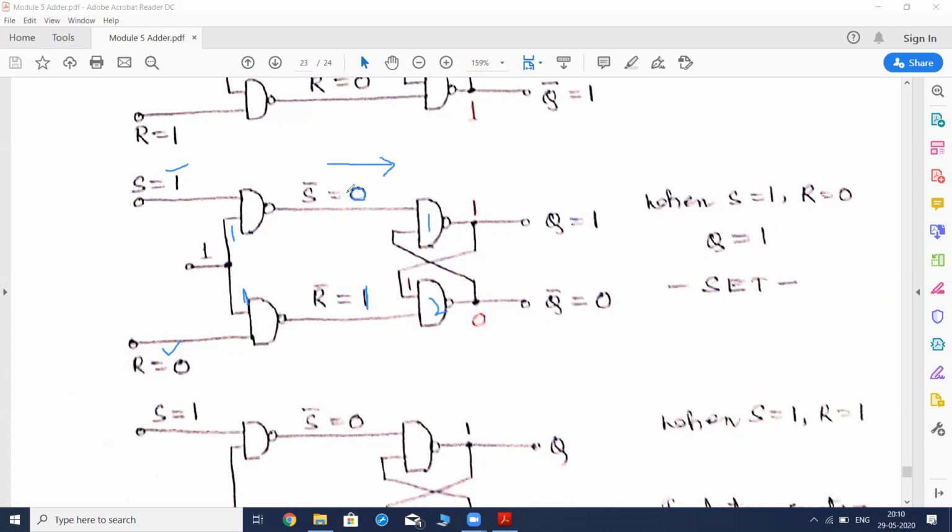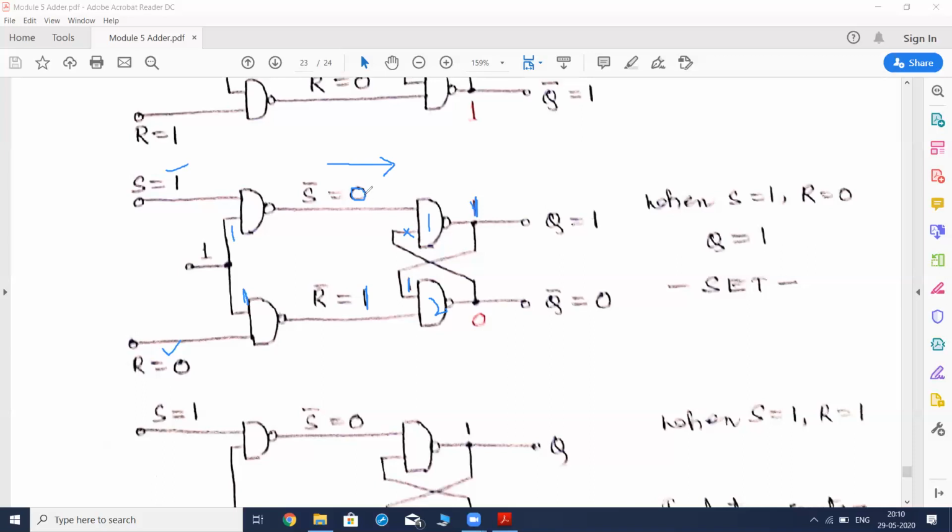When any one of the inputs is 0, the output is 1, and that 1 appears over here. One more thing to notice: irrespective of the other input, if any one of the inputs is 0, we can directly write the output as 1, because that is what the NAND gate truth table gives us.